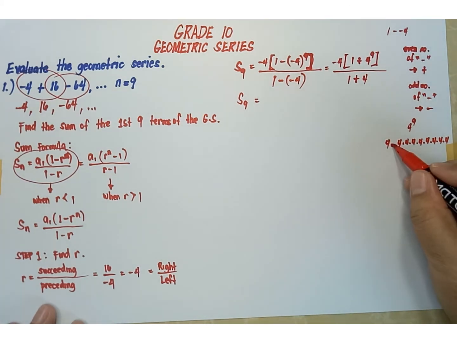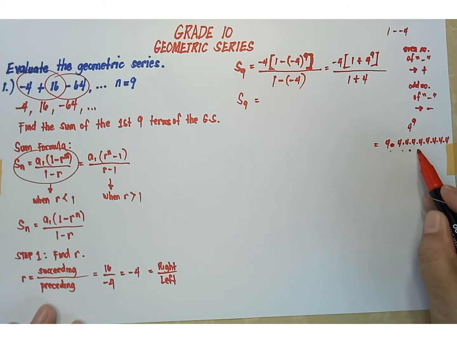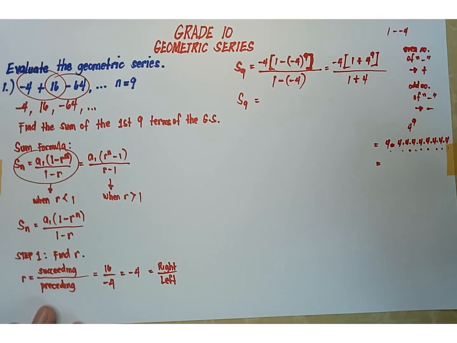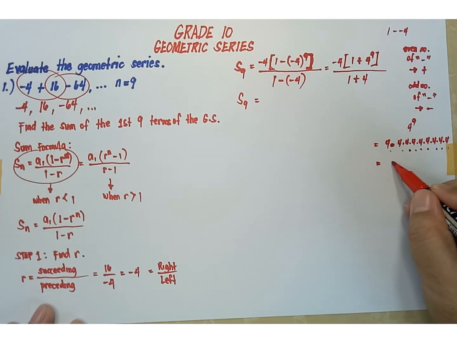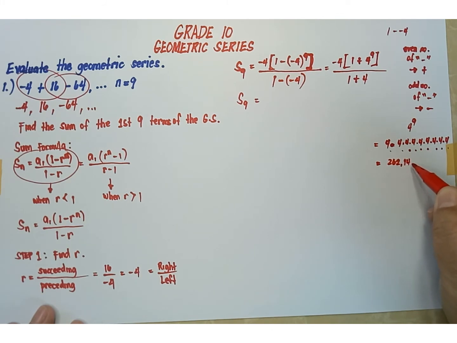Times 4. 1, 2, 3, 4, 5, 6, 7, 8, 9. Anong value ng 4 raised to the power of 9? It's equal to 262,144.